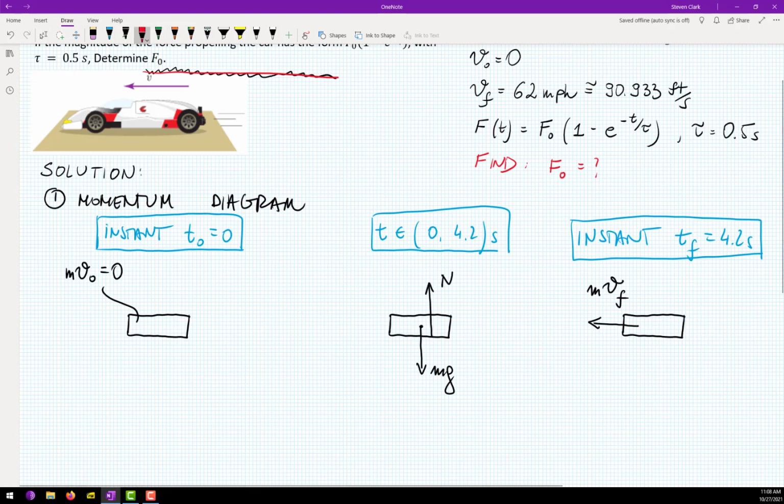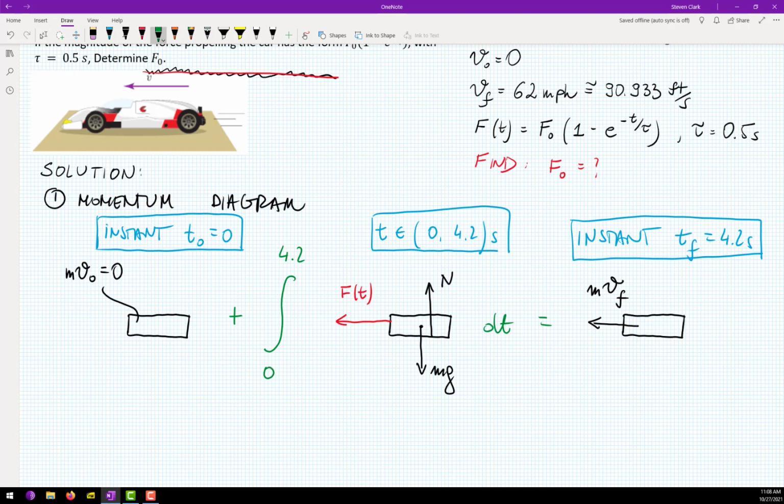And there is also force F, given as a function of t, acting on our system. Are there any other forces? No more forces. Let's not forget also about our integral, because initial momentum at the beginning plus impulse results in final momentum.